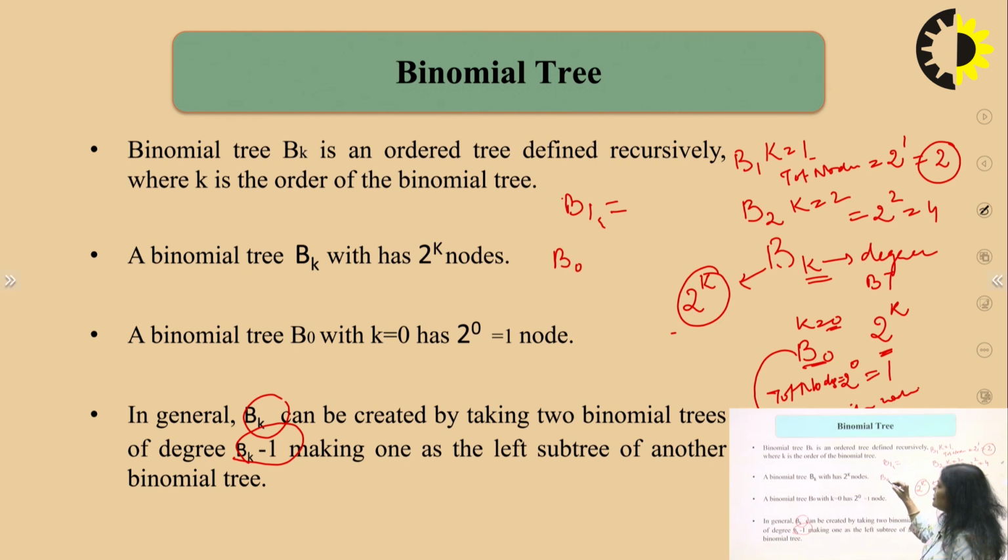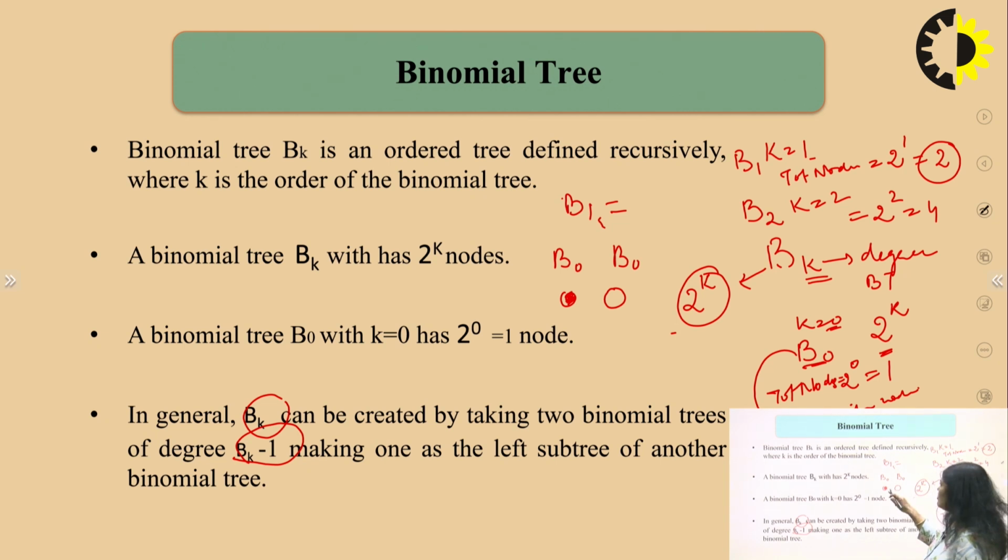So, this is the first and this is the second binomial tree with degree 0. How am I going to represent these binomial trees? We all know that in a binomial tree with degree 0, we have only a single node. So, this B0 represents a single node. I am shading it, and this B0 again has a single node.